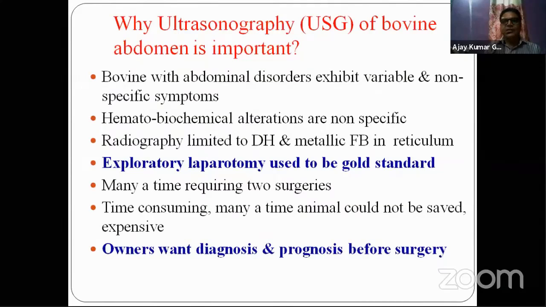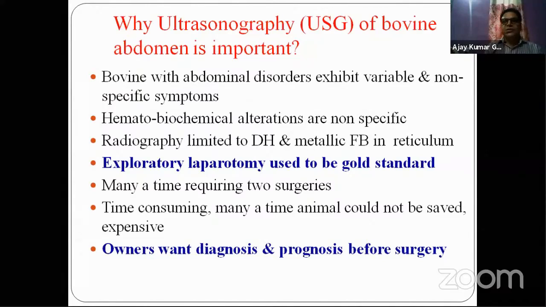When we examine the animal clinically, we find reduced ruminal motility or reduced reticular motility. The feces may be diarrheic or the animal may be constipated. So they are all non-specific symptoms, and even hematobiochemical alterations are not very specific for any disease.